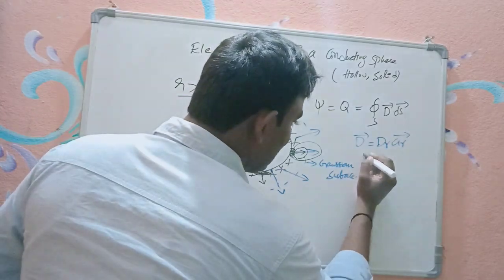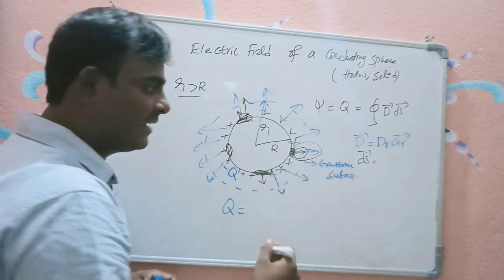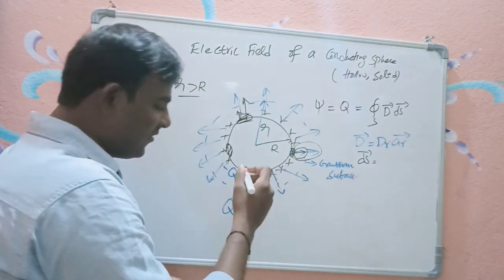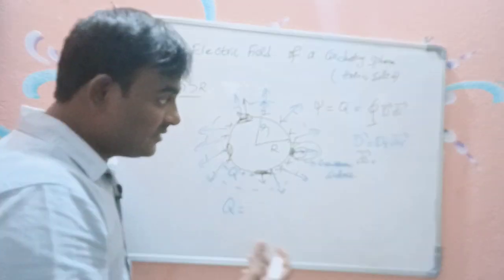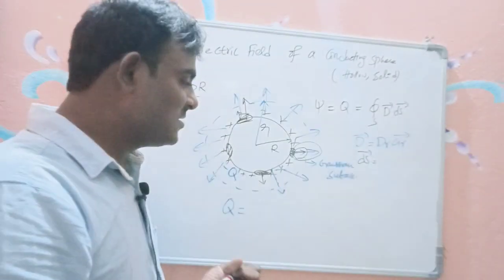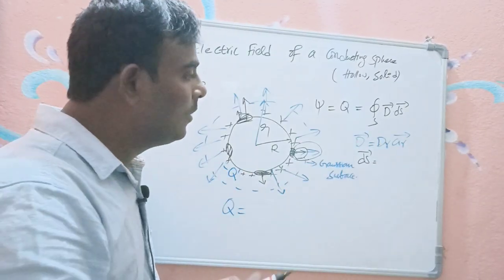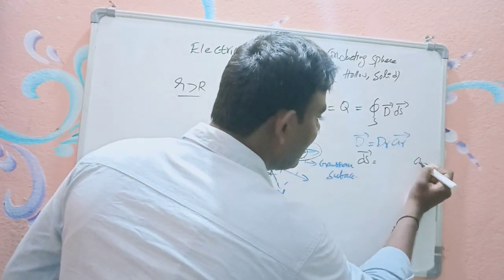Now, how can I select dS bar? dS bar must also be selected in the radial direction. For a sphere, we need to consider the spherical coordinate system. For this we have made a video on how to select the differential length, differential surface and differential volume in different coordinate systems. In the spherical coordinate system, how can I select dS bar in the radial direction?